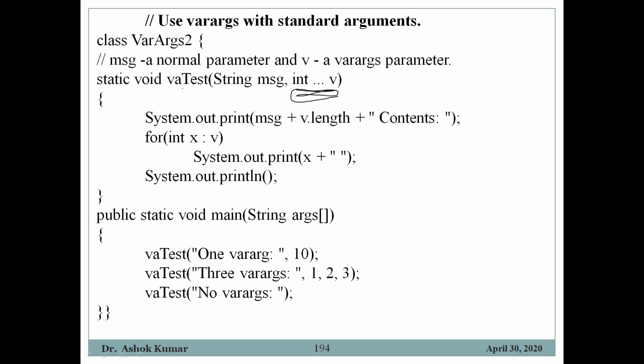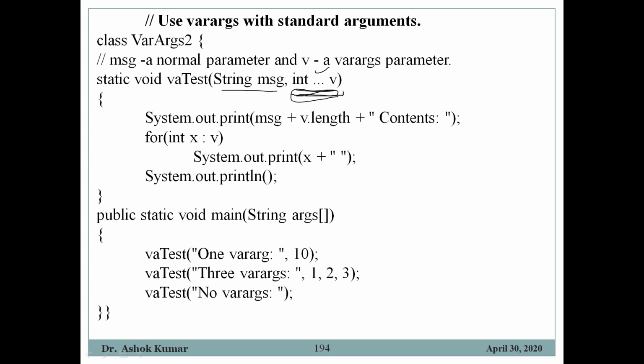Here, because there are two arguments in this method, the first argument is of string type and the second is the variable argument type. But you can't reverse the sequence of these two arguments. You can't make the variable argument the first parameter and the non-variable argument the second parameter. So this line is very important.